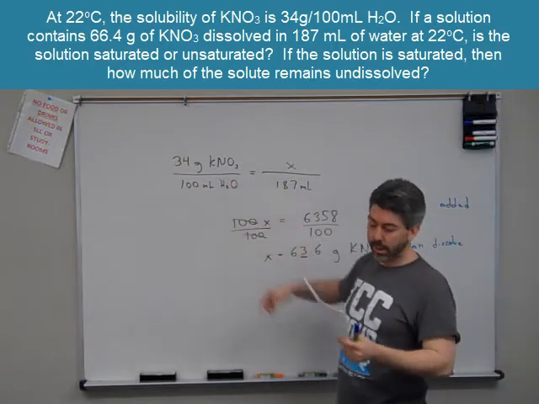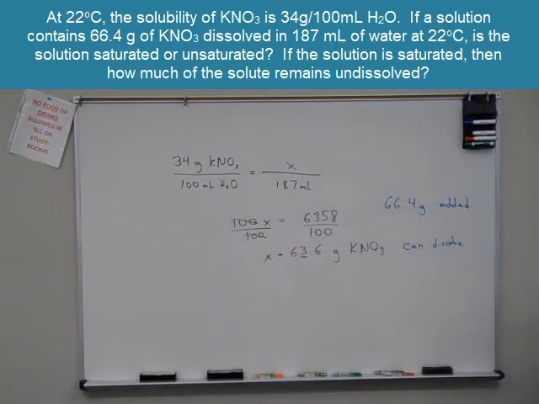It says the solution contains 66.4. Whenever you have more than 64, this is undissolved, so it is saturated. Yeah, this is saturated because only 64 grams or 63.6 grams can dissolve, but we've added more than that. And so there's some that's not going to dissolve.